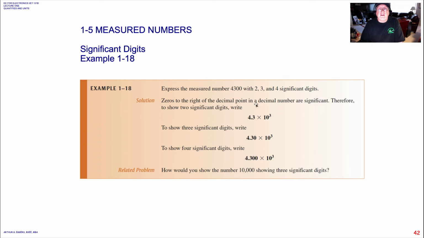Zeros to the right of the decimal point in a decimal number are significant. Therefore, to show 2 significant digits, we write 4.3 times 10 to the third. So you can see we're making the number significant by using the exponentials to give us our accuracy.